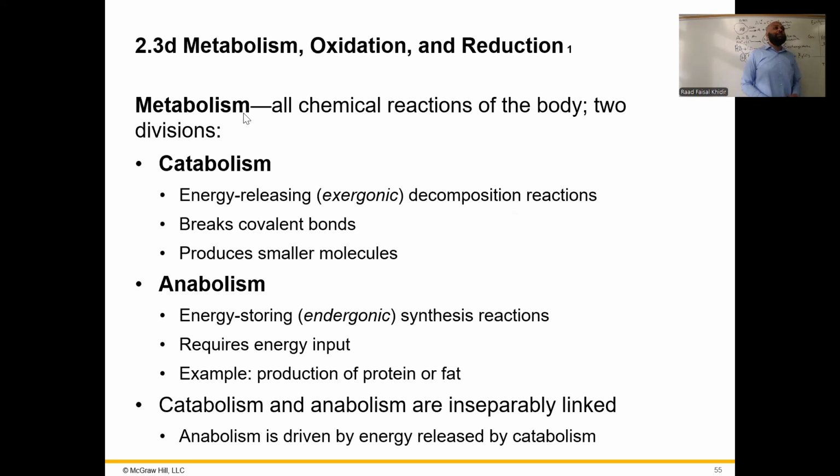Now we move on to metabolism. Metabolism, we alluded to that. Metabolism is divided into catabolism and anabolism. And they are not enemies. They work together. The energy we get from catabolism, we use it to build anabolism. And we build anabolism, so later when we need catabolism, we use catabolism.